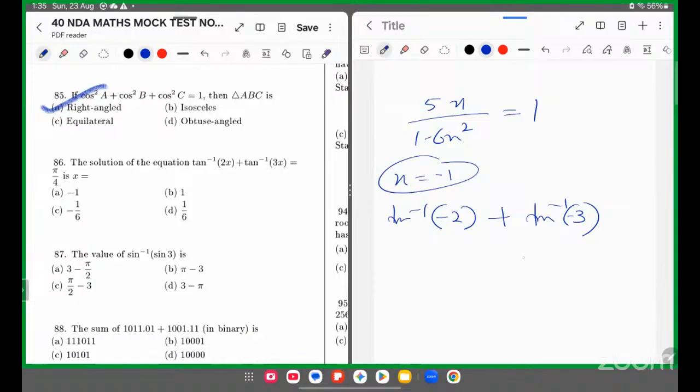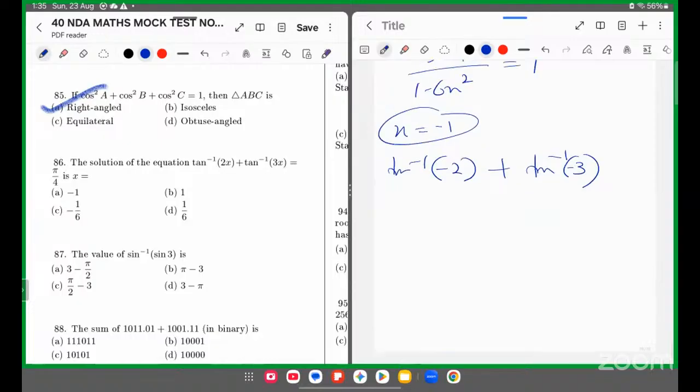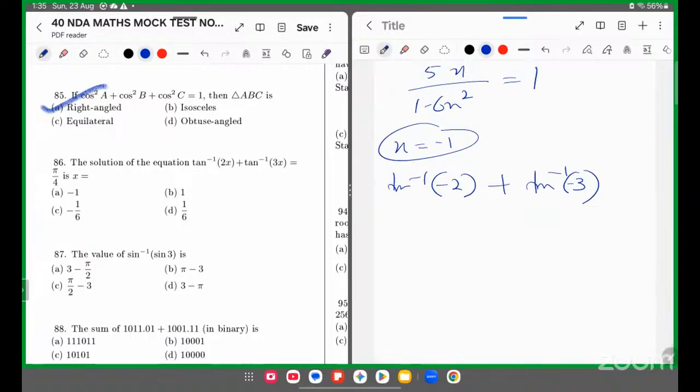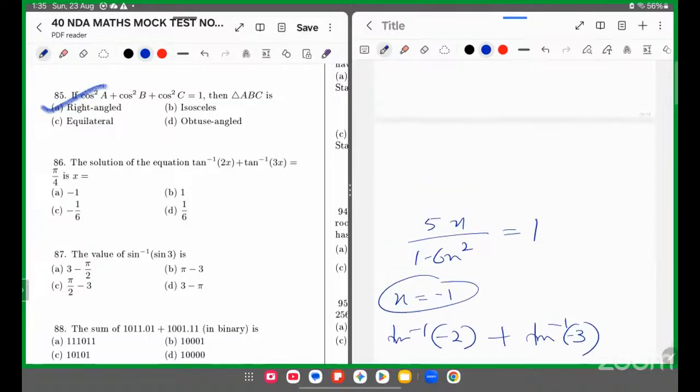Tan inverse 2, tan inverse minus 3. So here minus 1 cannot be the solution.